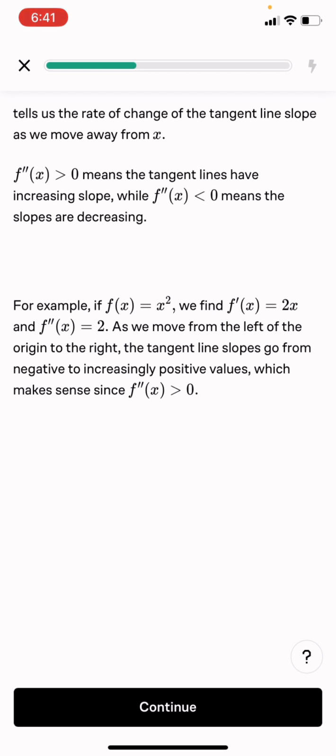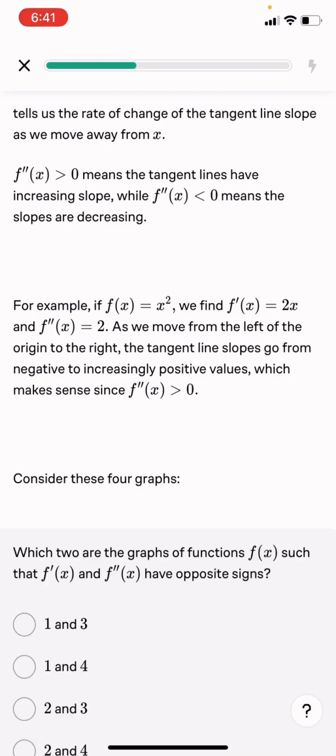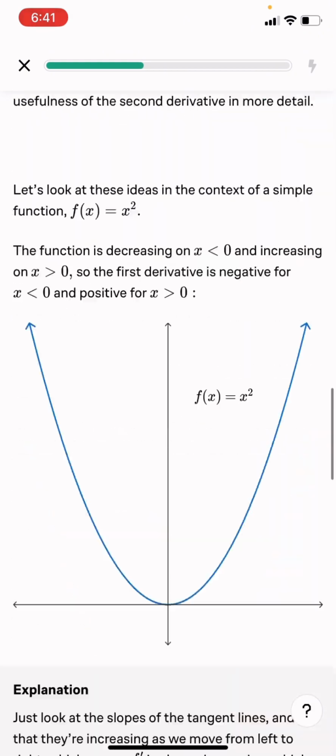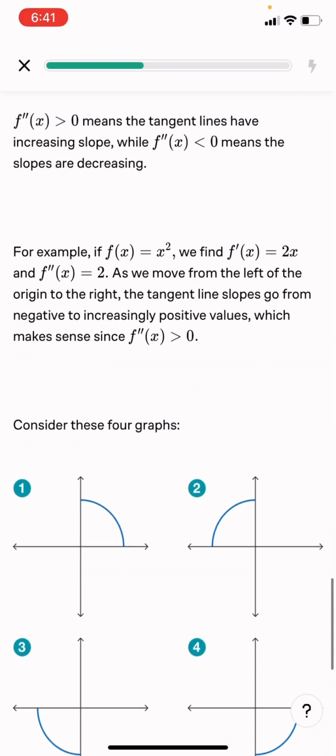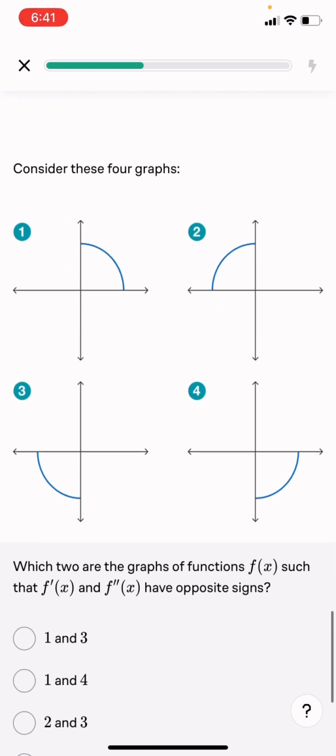So, as we move from left of the origin to the right, the tangent line slopes go from negatively to increasingly positive values, which makes sense since f prime prime of x is more than 0. There you go.